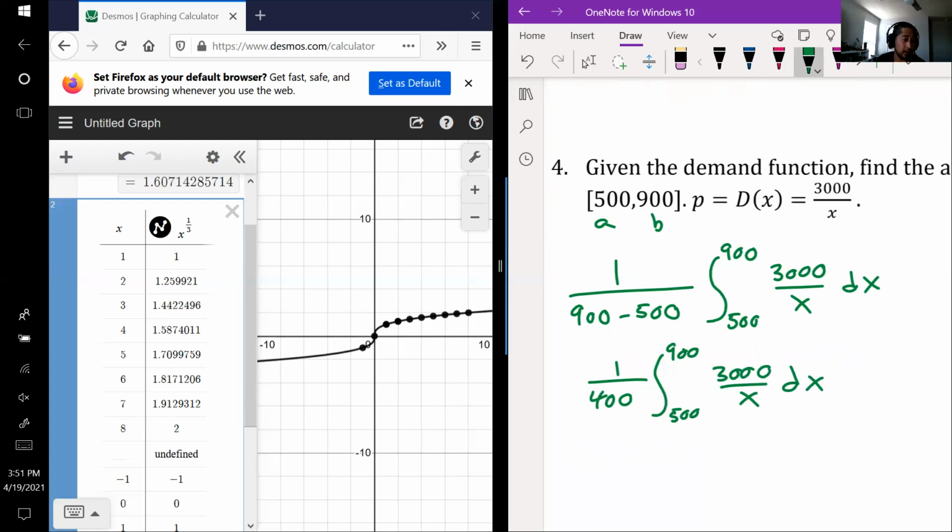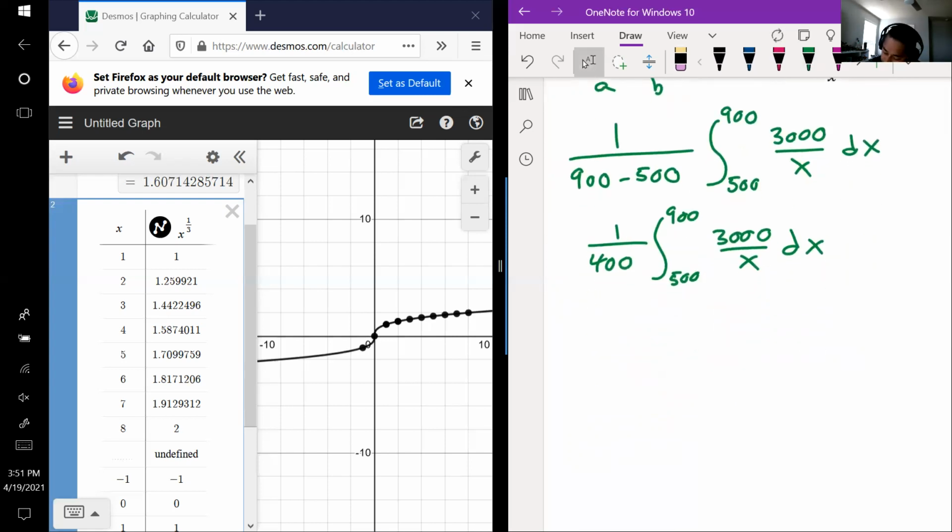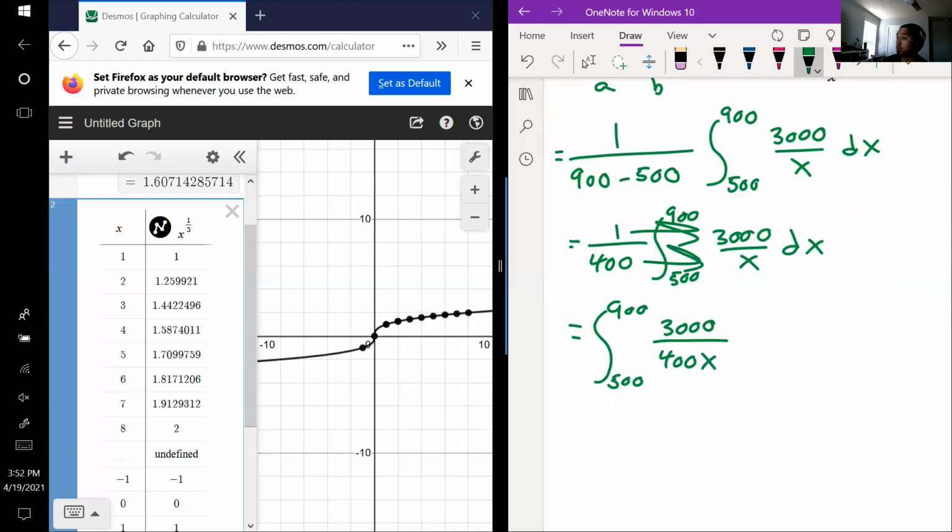And then, yeah, this problem was definitely weird. It wants you to multiply the 1 over 400 back in. So we'll get the integral from 500 to 900 of 3000 over 400x, because again, you multiply it straight across, dx, and we'll go ahead and reduce 3000 over 400, which is 7.5.